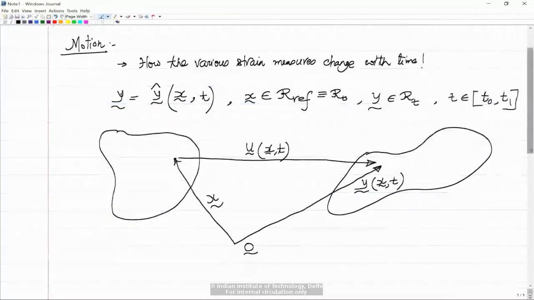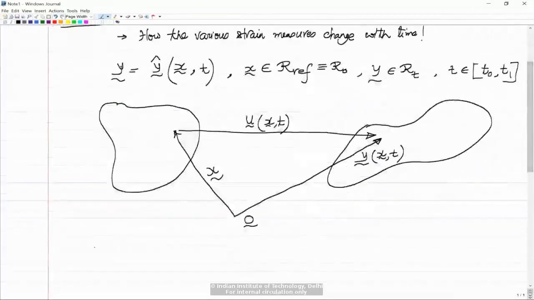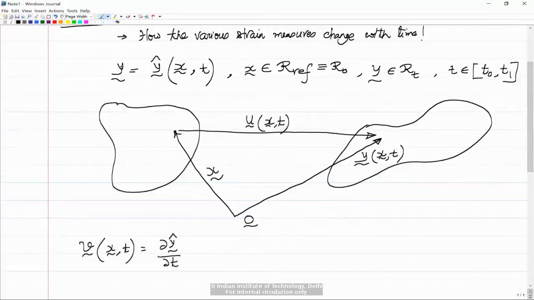And then you can recall that the velocity, for example, we wrote v of x comma t as del y hat by del t. We denoted this by v hat to show that this is the Lagrangian form, because it's a function of the referential location.